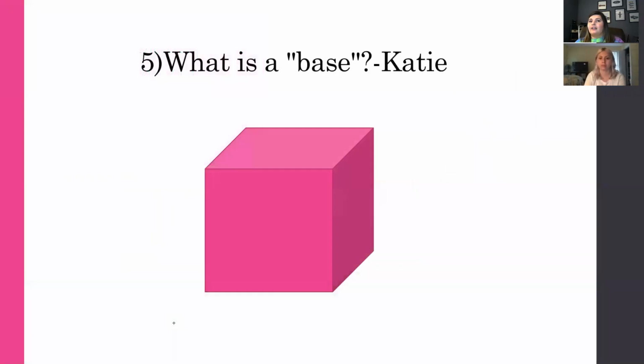Right now, because we're on a computer, this is going to be called a two-dimensional shape. But if we were in person in a classroom holding this shape in our hands, it would be what's called a three-dimensional shape, meaning we can flip it over and see all the different sides of it. If we looked at those sides, you kind of already answered the question, you would see that it's a square.